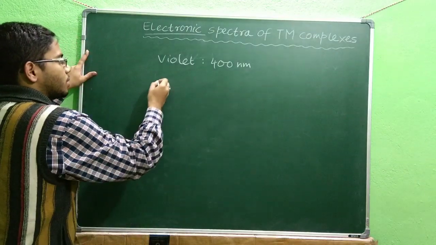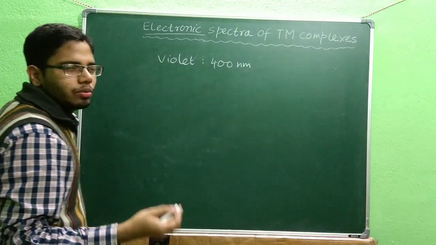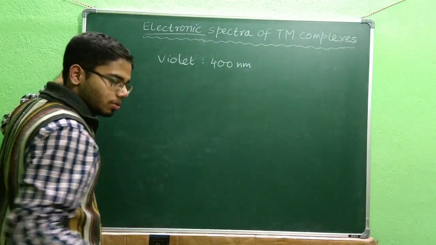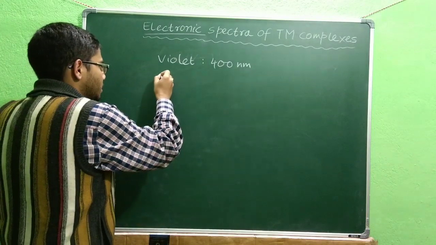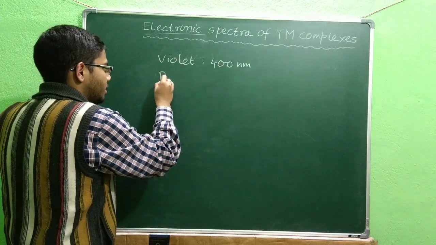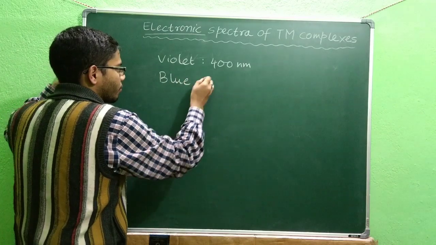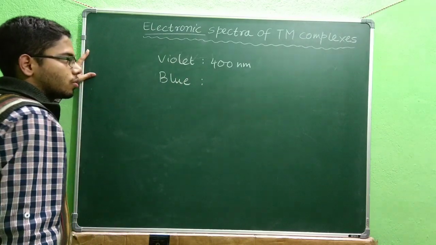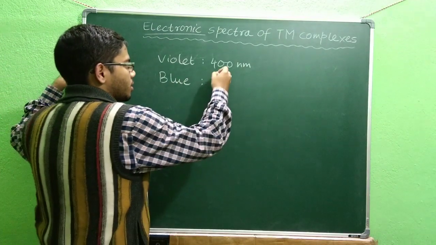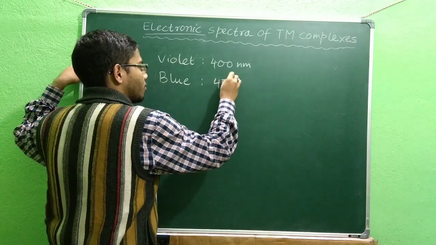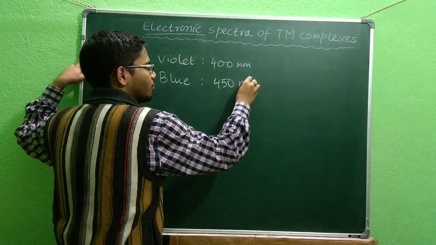Then the indigo range is very small, so let's discard that one for the time being. Let's write blue. So blue is around 450 nanometer.